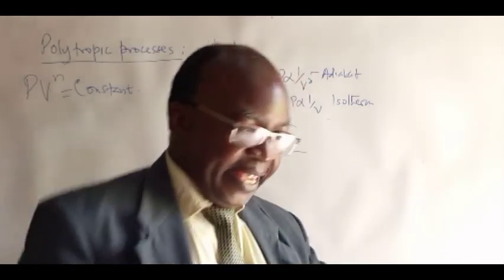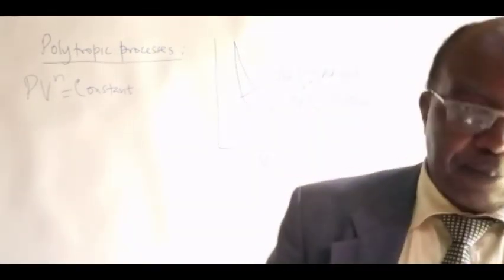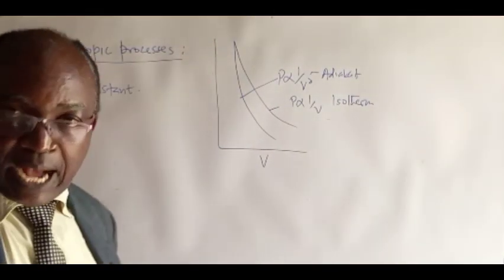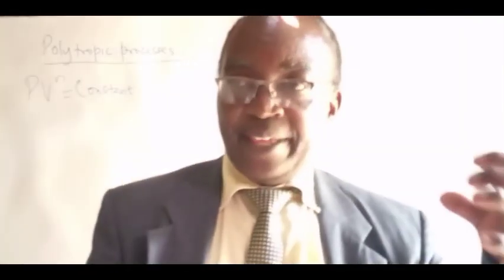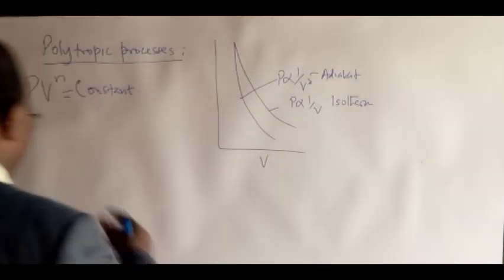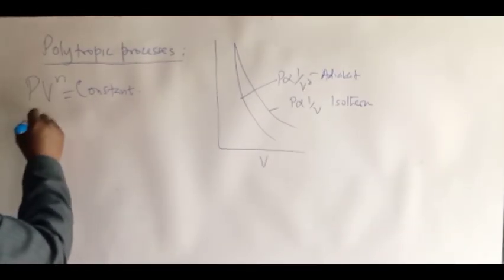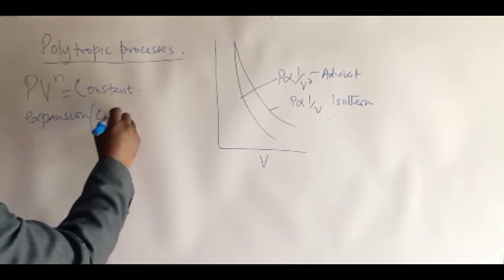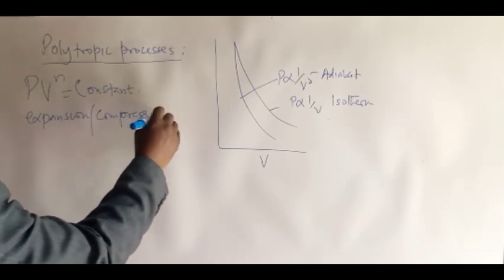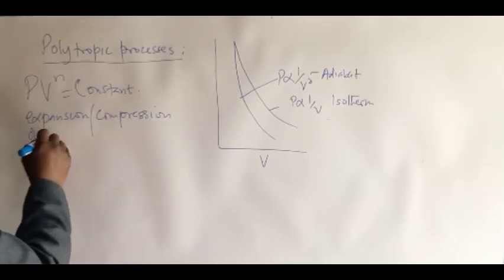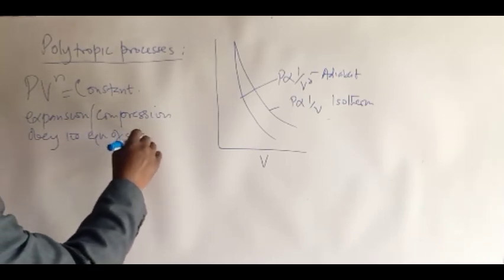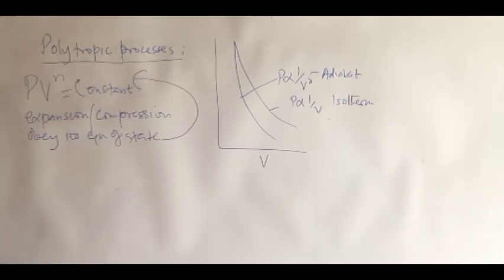And so, in the case of an adiabatic reversible process, that n is gamma, the ratio of the heat capacities. So, I repeat, that's for expansion and compression reversible processes, which obey that equation of state.